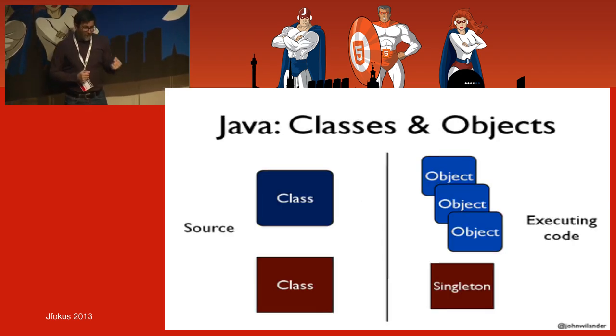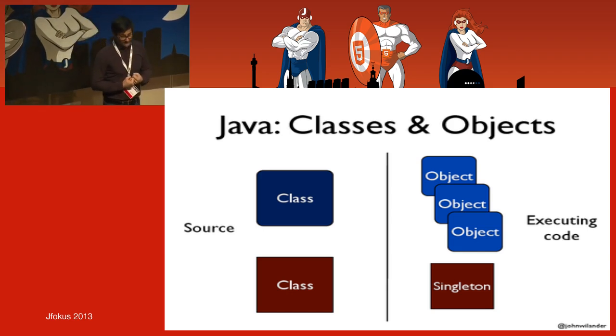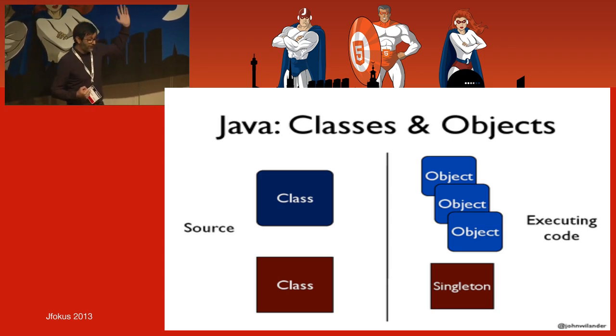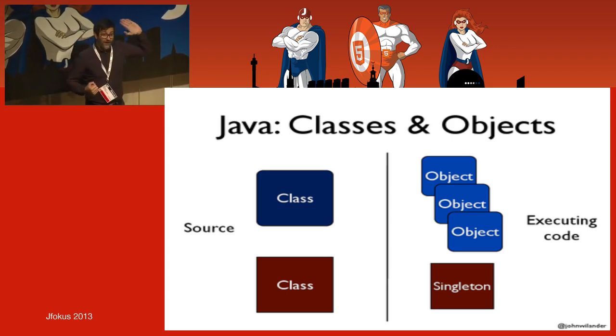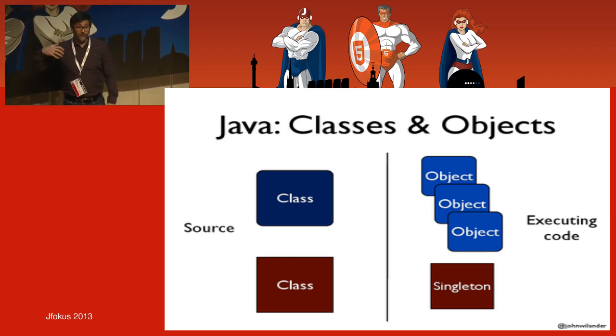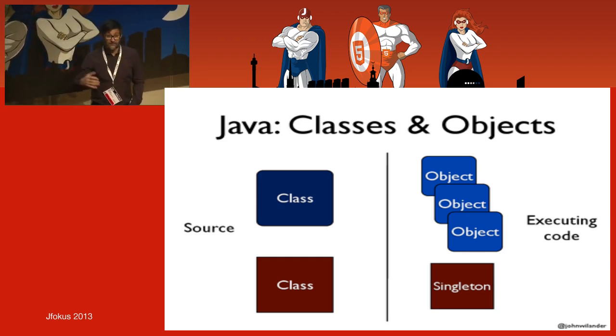Next topic, object orientation. This is, of course, part of the typing, because you introduce new types with classes in Java. So typically in Java, you will find that your source code produces a lot of classes. Some of them you will produce several instances of, such as beans, in your executing code, which is on the right side here.